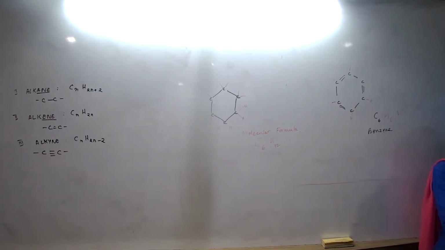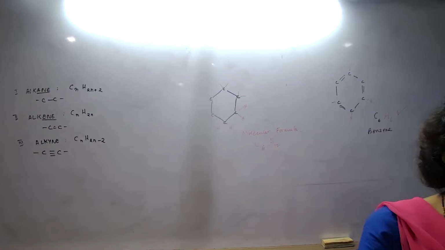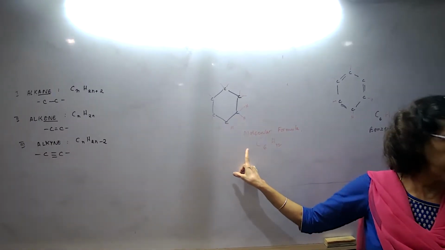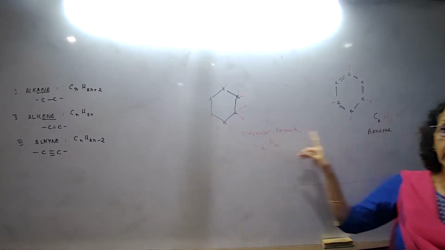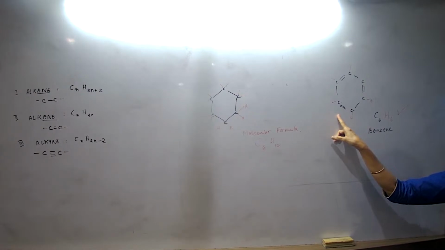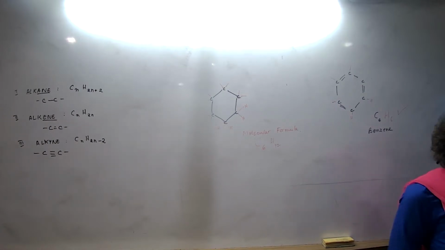Here you will write alternate single and double bonds. Quickly, just note down. Only single bonds. You have already written the molecular formula. Have you all done it or no? Yes. Here please make a note as alternate single and double bonds. And you have written the formula.